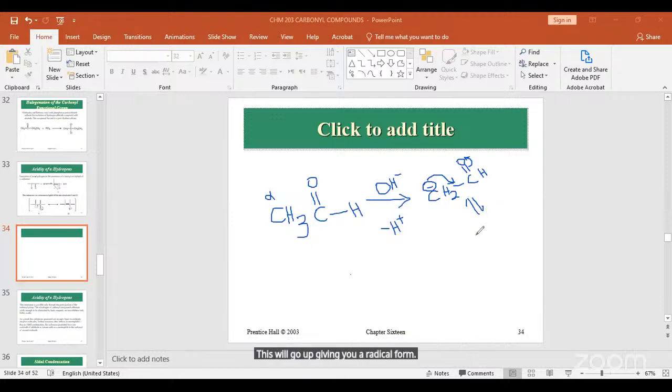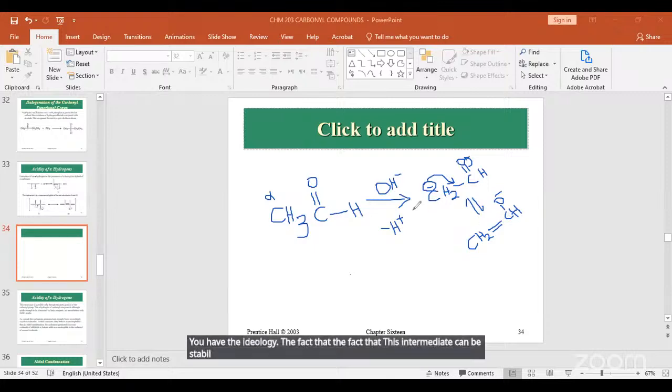So you have CH2 double bond CH, O minus, and you have the hydrogen. The fact that this intermediate can be stabilized means that this proton can be lost easily.